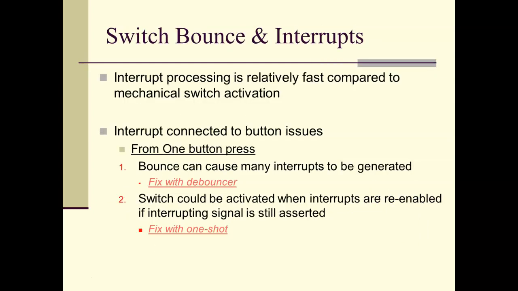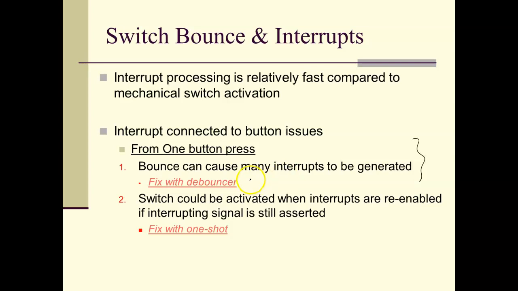The issue with microcontrollers is that they're very fast. Everything happens on the nanosecond level, and so we have to still be able to interface with mechanical switches like switches and buttons. One of the issues here is bouncing. A bouncing button is going to cause multiple interrupts and other problems.